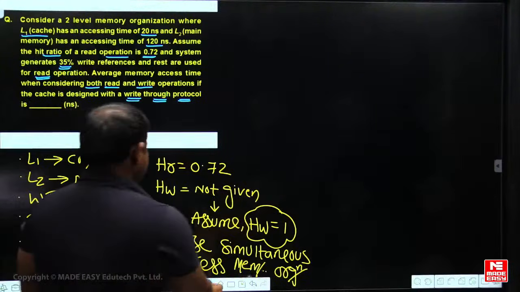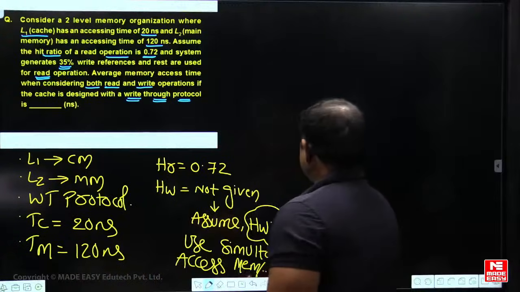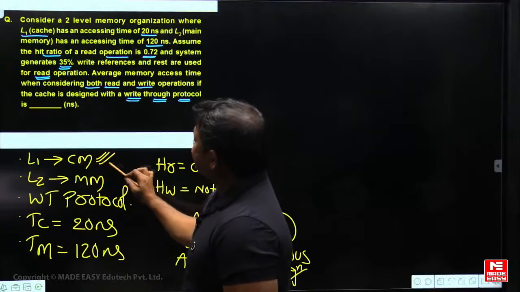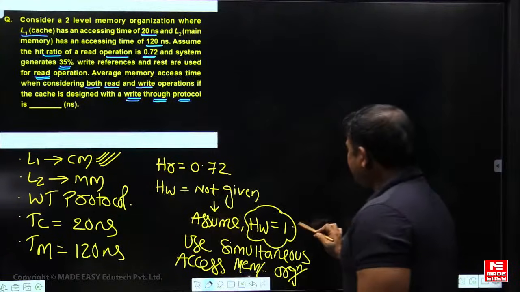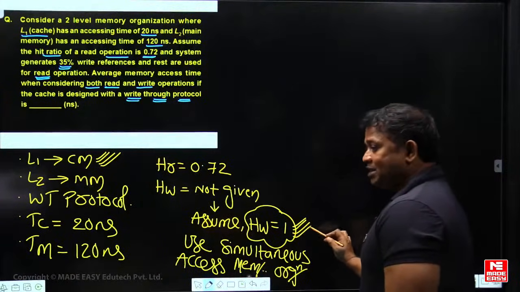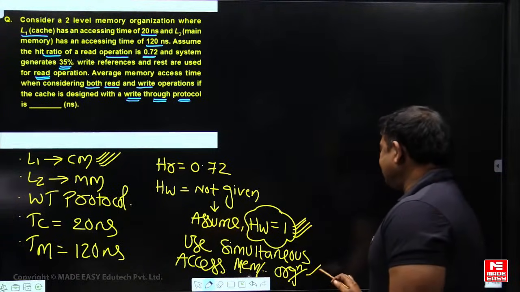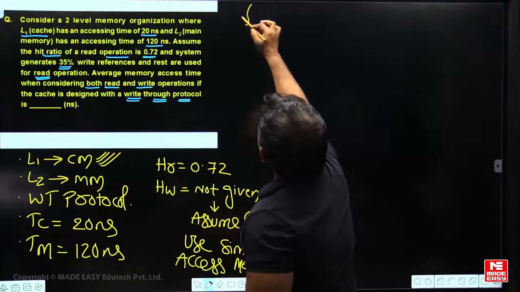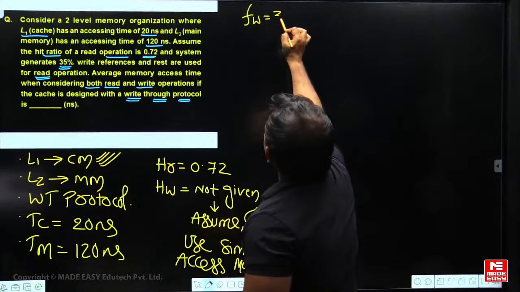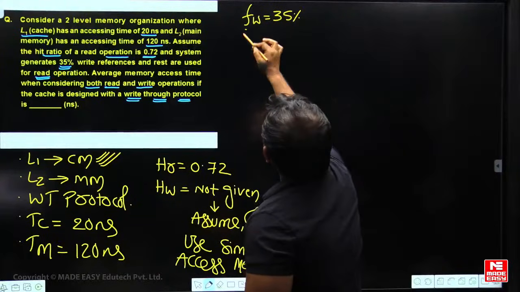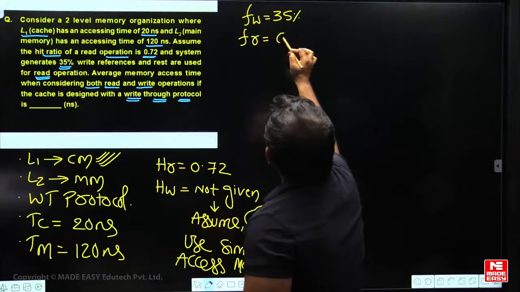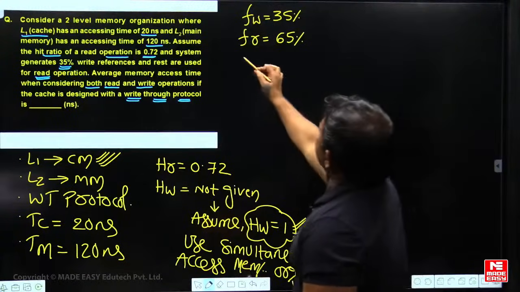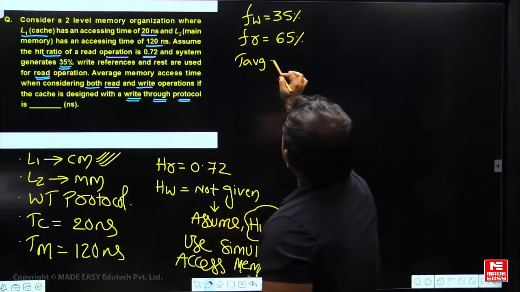Okay student, next. Up to here we thought cache memory means hierarchical formula, but HW is not given, so we are assuming it as 1, so that's simultaneous access memory. After that, frequency of write operation 35%, frequency of read operations 65%. Then they are asking for T average.